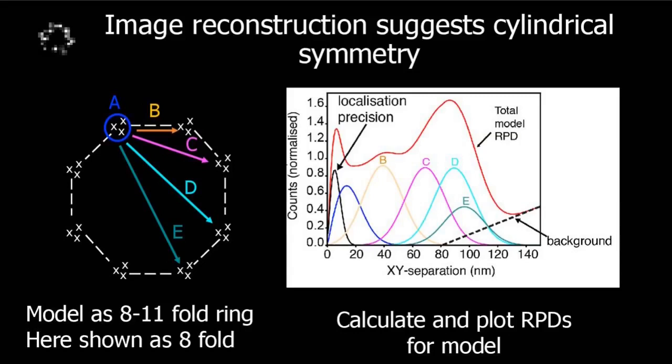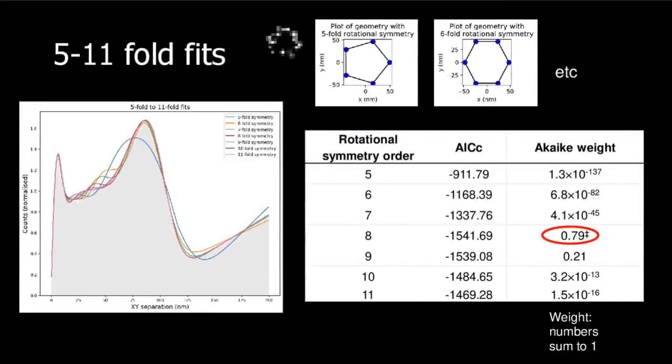So that's for an 8-fold ring, which we already know from EM that the nuclear pore has. But if we didn't know, we could do all sorts of plots. So it's 5-fold symmetry, 6-fold symmetry, and so on. And you can see all the different plots here. These are the summed RPD plots. And then you can compare those to the actual experimental data, and then you can calculate this corrected Akaike criterion.